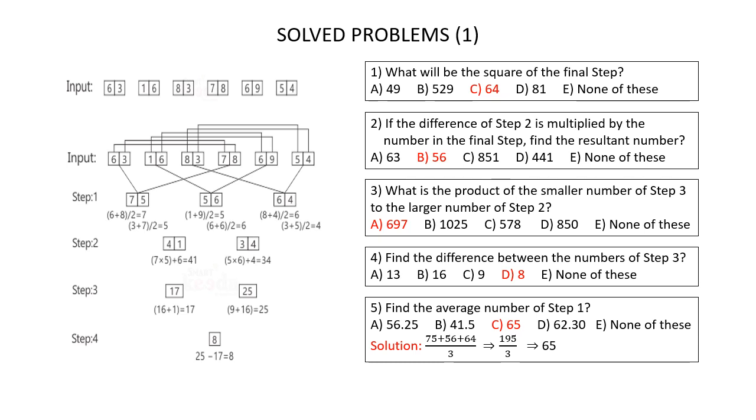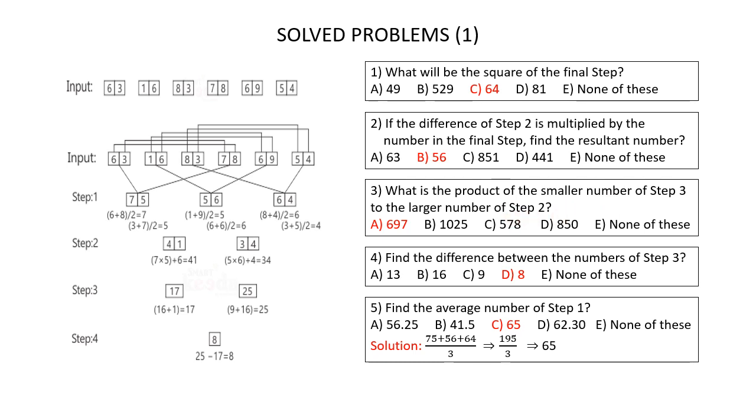Question number 3. What is the product of the smaller number of step 3 and the larger number of step 2? Here you are given 5 options and you have to find out which of these options is the correct one. So here you are asked to find the product of the smaller number of step 3 and the larger number of step 2.